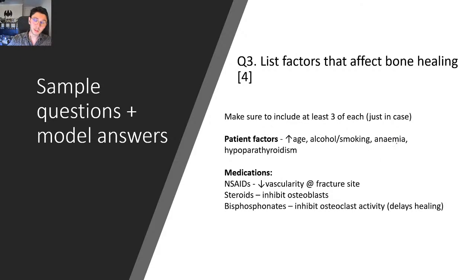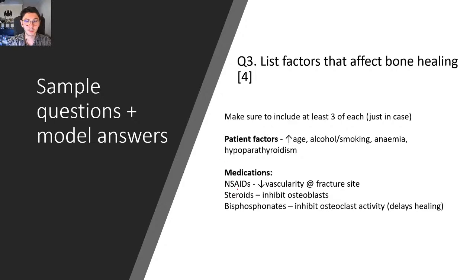You can have anemia, so this means that there's not enough red blood cells providing all the oxygen and all the nutrients to help heal the process. And hypoparathyroidism, so when we said that parathyroid hormone increases bone turnover, increases osteoclastic activity, hypoparathyroidism decreases it, and therefore the bone healing will be weak.